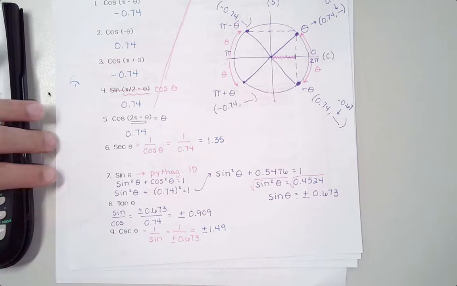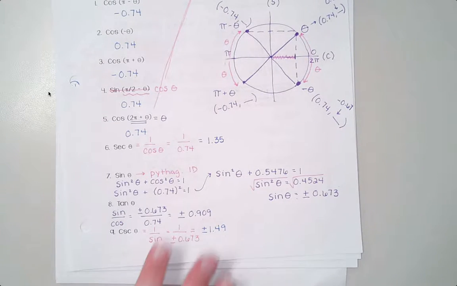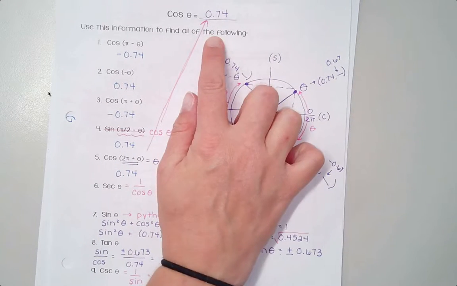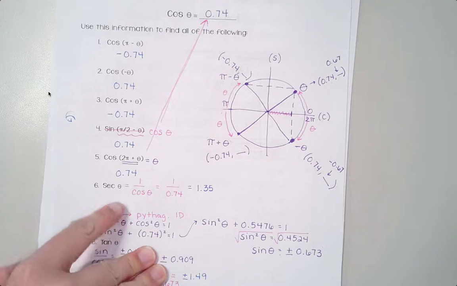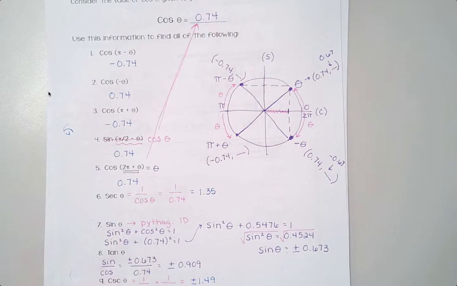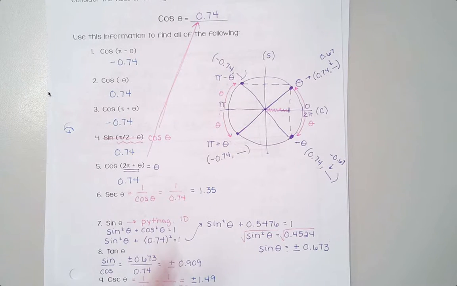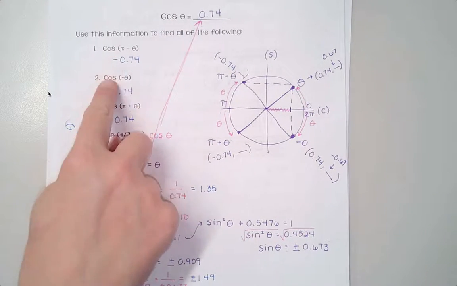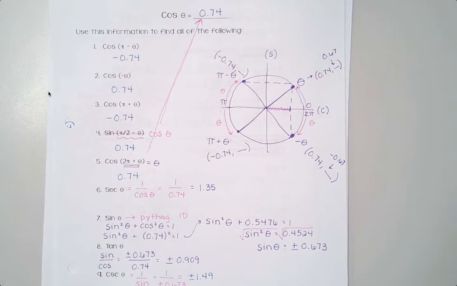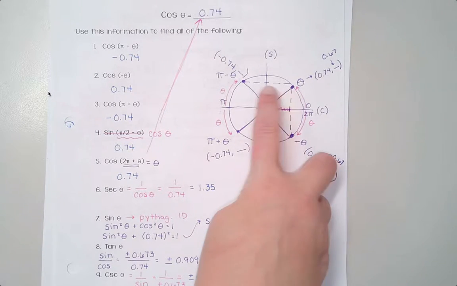So that's kind of everything that you can get from this one tiny little piece of information. If I give you the cosine, you should be able to find all of these other things about this angle. Okay? You could practice this yourself. Make up a different value of cosine and ask yourself these same questions, or make up a value of sine and ask yourself to find all of these things, because it does change a little bit when you're talking about sines. Remember that the sines stay the same going left to right.